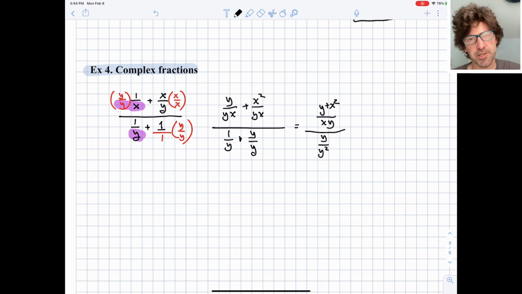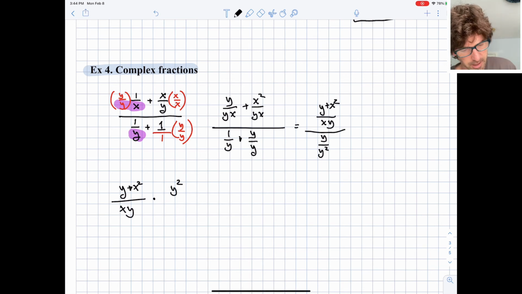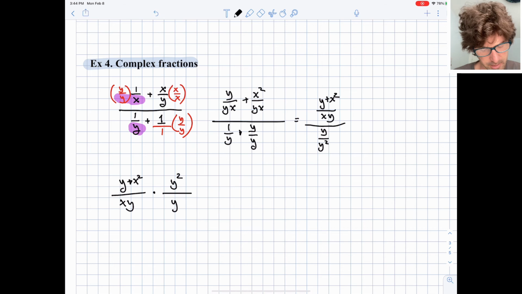We're doing a division of two fractions, so we can invert the second fraction and multiply. And I'll bring it down below. So we have a y plus x squared over xy times the inversion of that denominator, y squared over y.